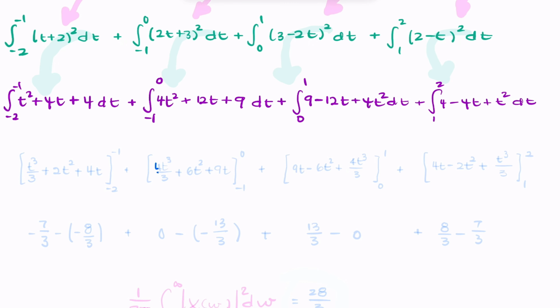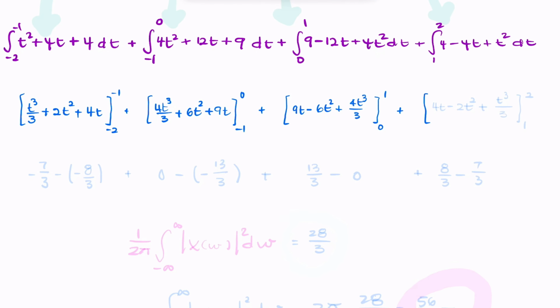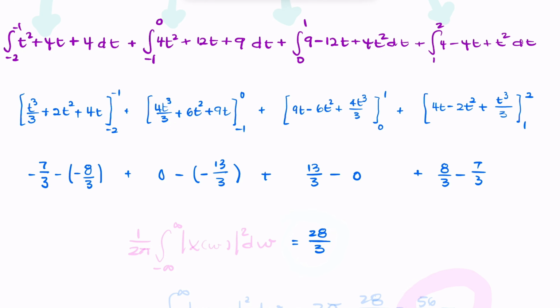And if you calculate this one by one, you end up with 28 over 3.